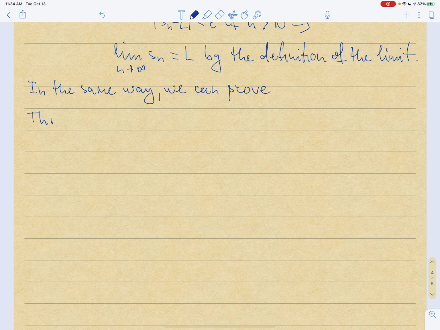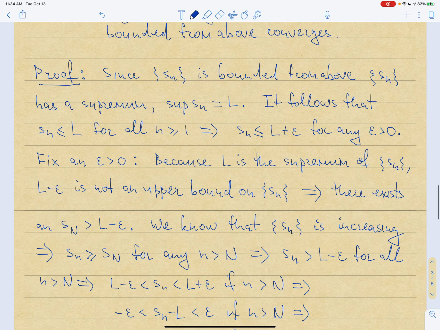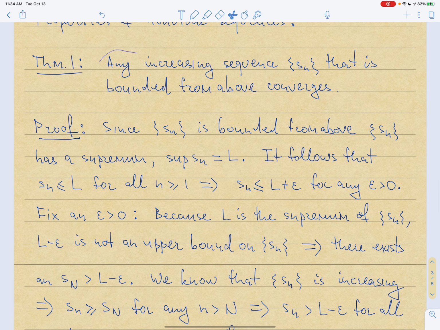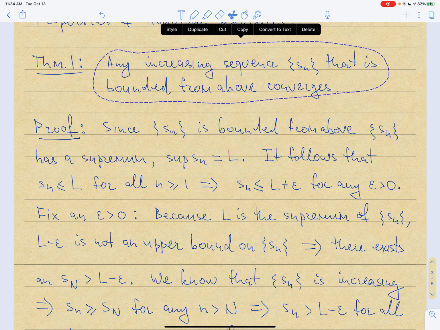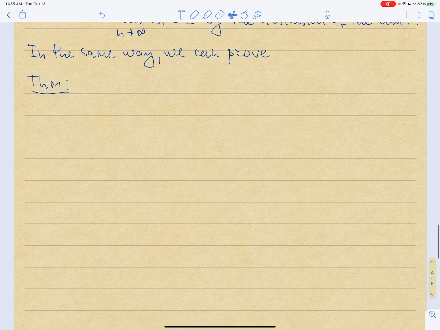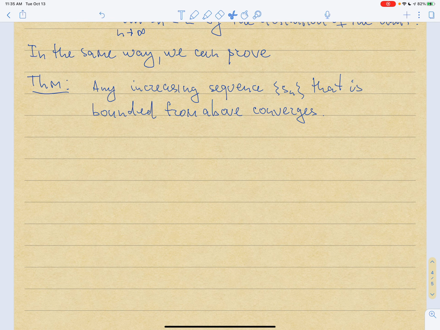The following theorem, which is a mirror image of a theorem we just proved. So any increasing sequence bounded from above should have a limit. So the new theorem is that any sequence Sn that is bounded from below and monotone decreasing also has a limit.